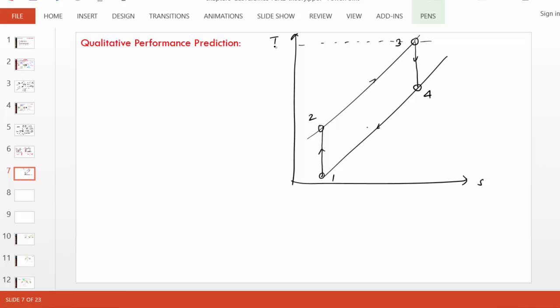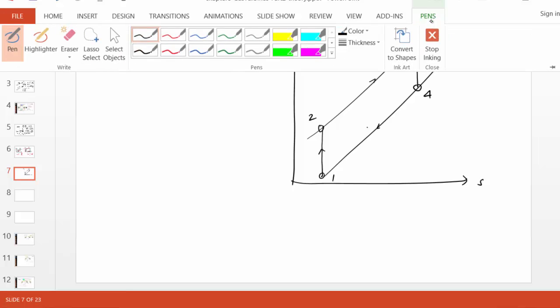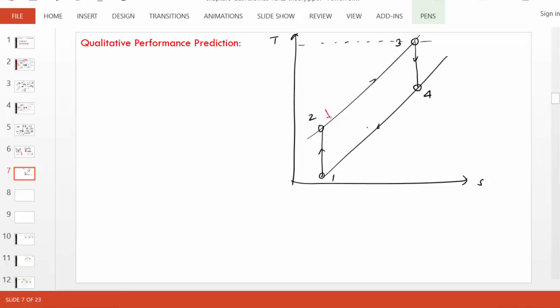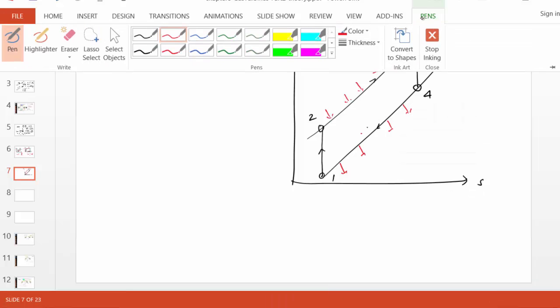So let me first draw the heat addition and heat rejection part on this cycle. And our goal is to see what will happen if the compression ratio is now increased without changing the maximum temperature. This is the Tmax of the cycle, right? So we'll modify the cycle using a different color, let's say blue.